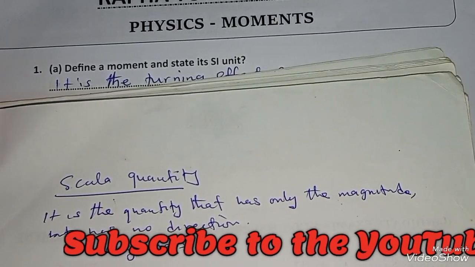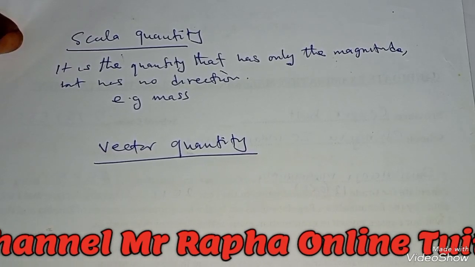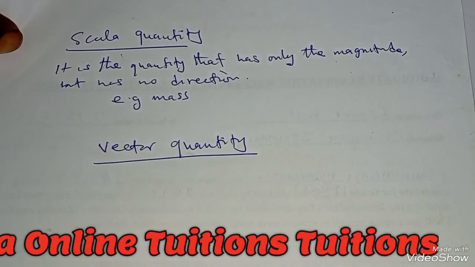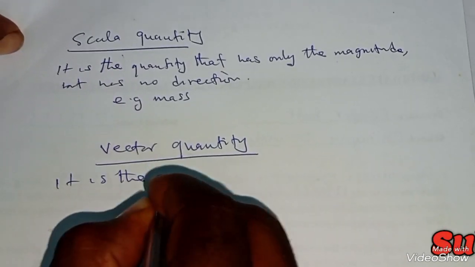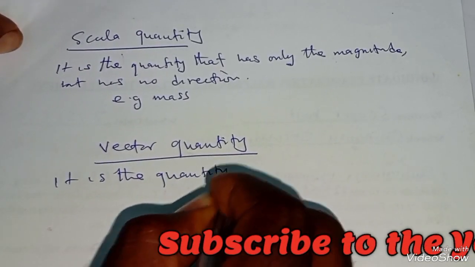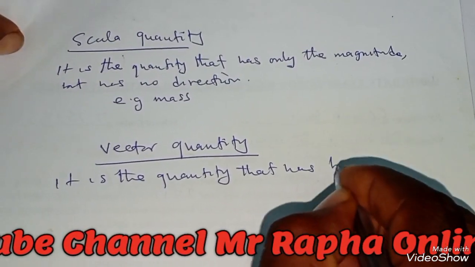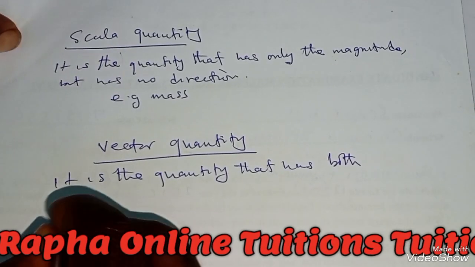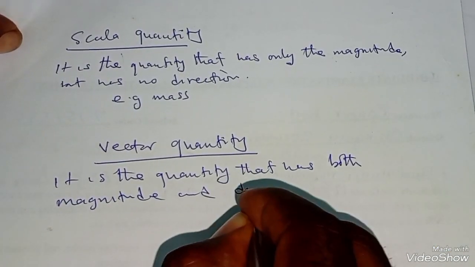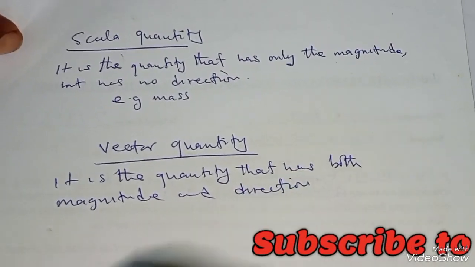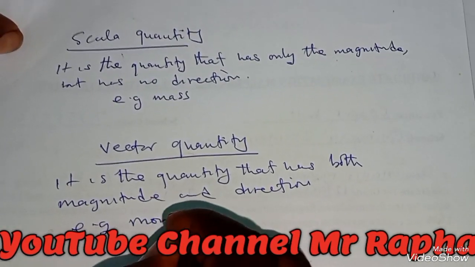When we talk about a vector quantity, it is a quantity that has both magnitude and direction. For example, a moment.